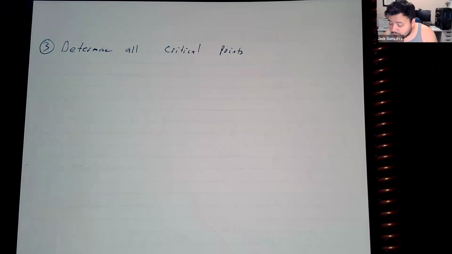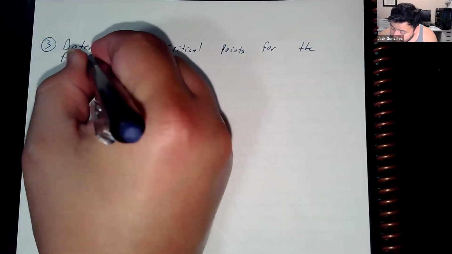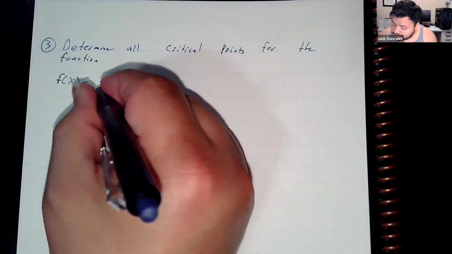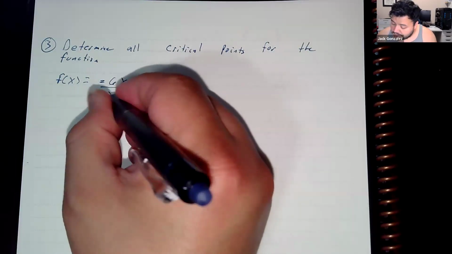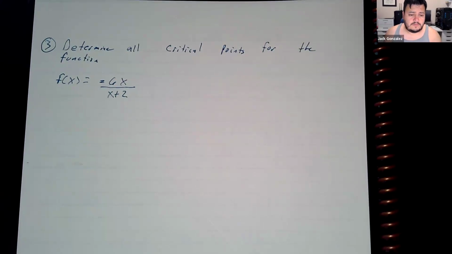Find the critical points for the function f of x equal to -6x over x plus 2. Okay.